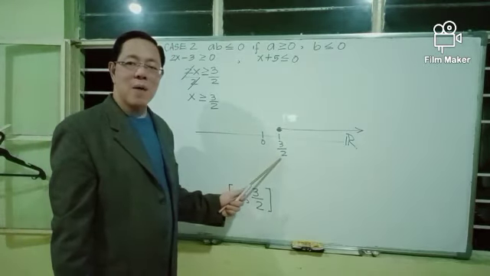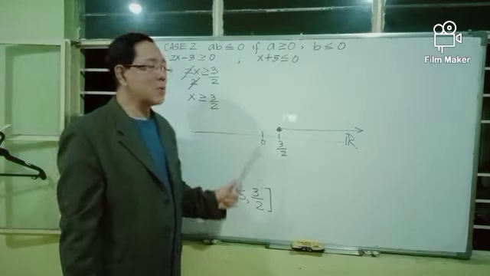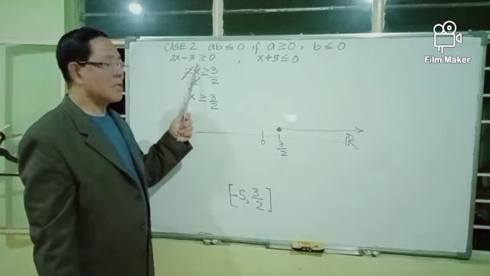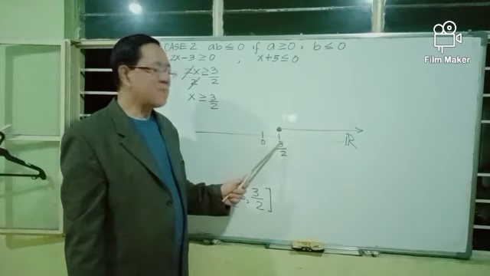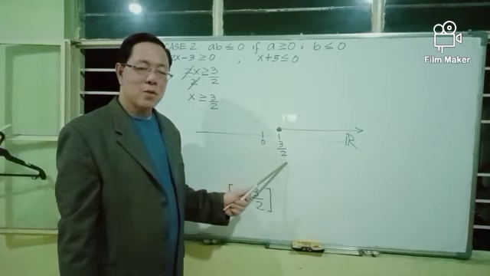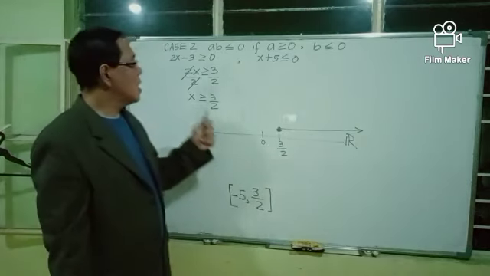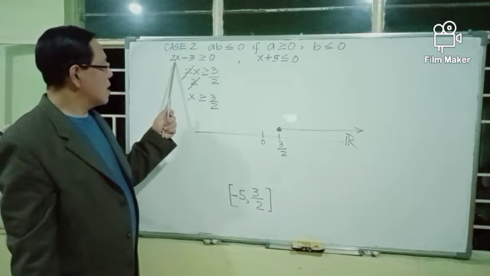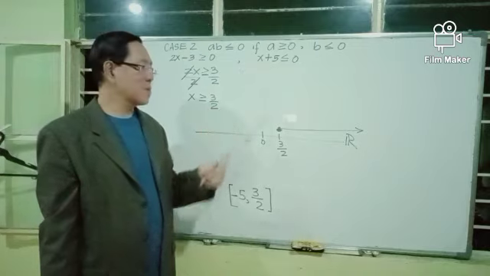Hence, all the real numbers greater than or equal to 3 over 2 will satisfy this linear inequality. If you substitute any such value of x, 2x minus 3 will be greater than or equal to 0.